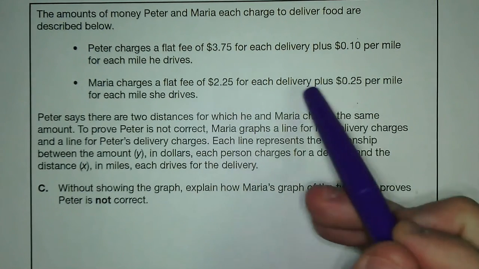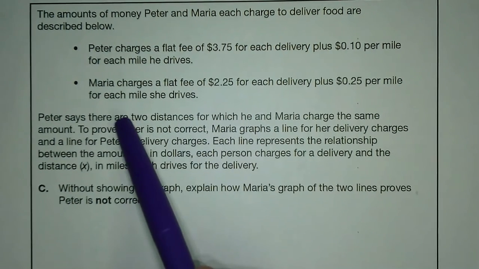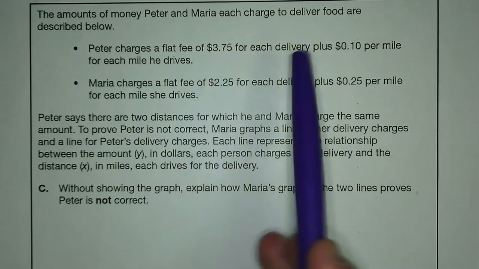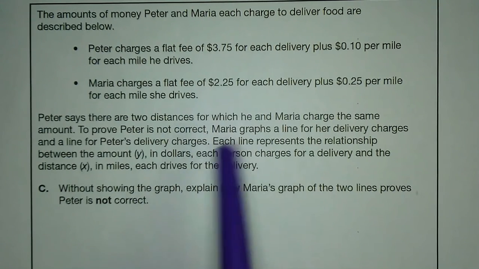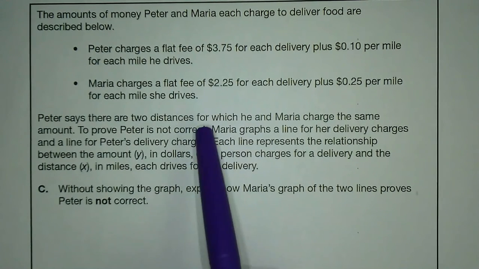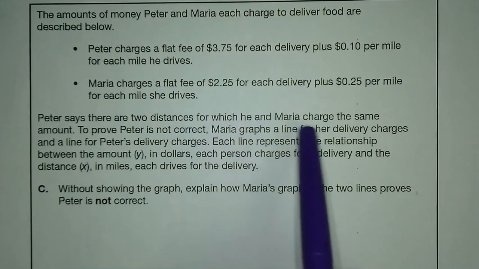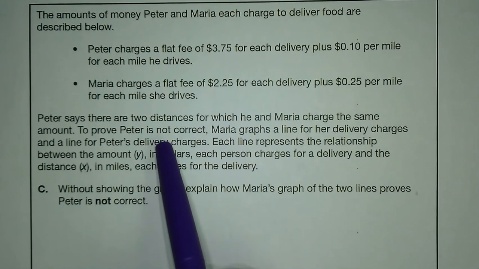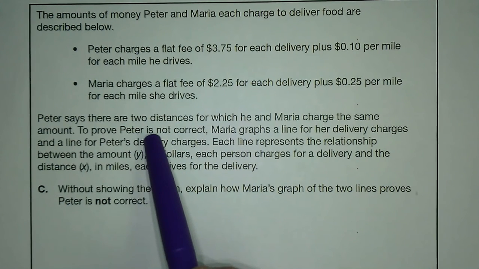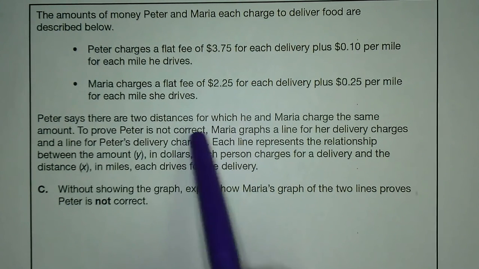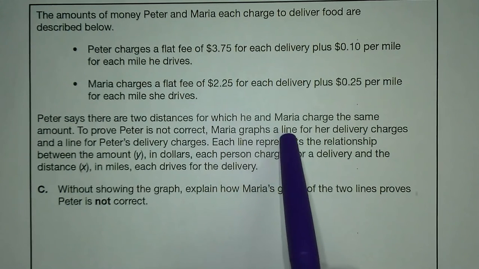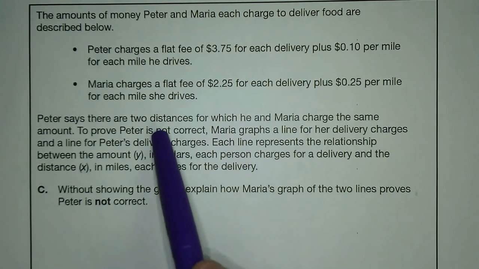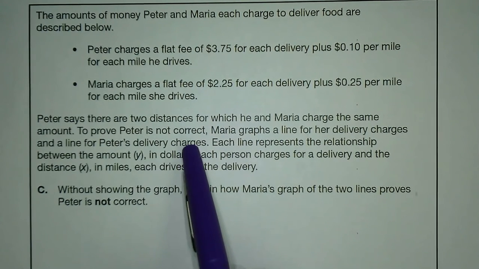Maria charges. Okay. Obviously, these numbers are going to be very important in a second, I'm assuming. Peter says there are two distances for which he and Maria charge the same amount. That doesn't make sense. To prove Peter is not correct, Maria graphs a line for her delivery charges and a line for Peter's delivery charges.